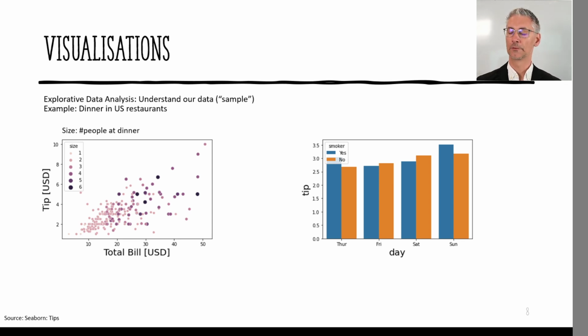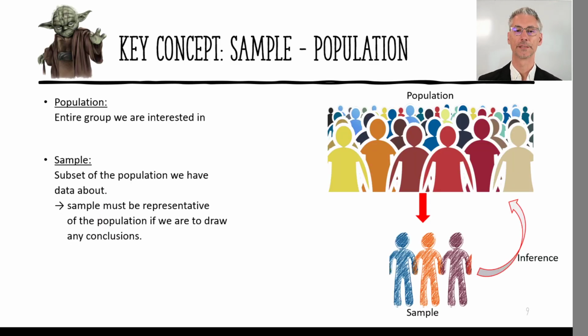On the right hand side we have a bar chart. This can also give useful insights. And if we deal with data points, we need to have a firm understanding of what we mean by our sample, for example, of measurements, and what we mean to describe with this. In particular, we are often not so much interested in the sample itself, but we want to make descriptions of the wider effect, shall we say.